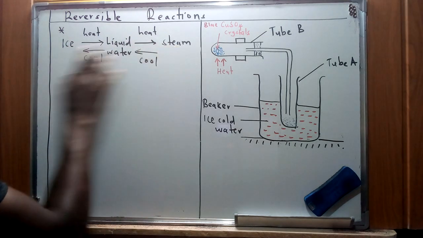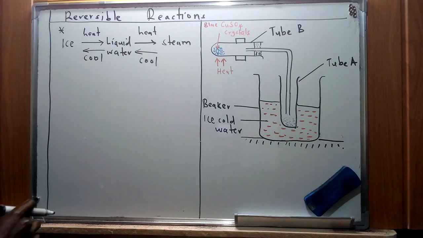Now from steam to ice, I'm cooling, so I'm decreasing the temperature. So in this respect, we're going to see that some reactions can be made to go in either direction by changing their conditions, like the temperature or the pressure. In this case, for our illustration, it's the change in temperature, by increasing or decreasing it.